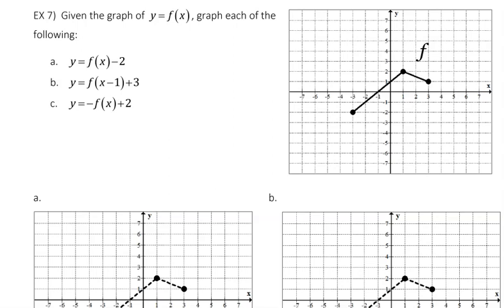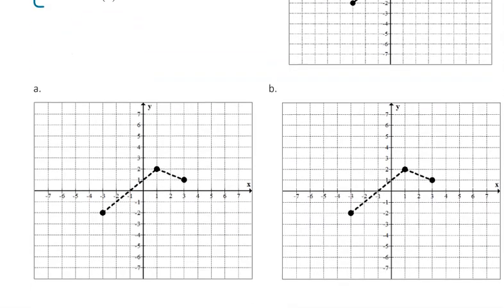So this is going to be the same exact idea, only now, instead of having to know the parent function, I'm just giving you a function, and you're going to be moving it around accordingly. Okay, so given that this is f of x, so this is like your new parent function, we are going to do these different things.